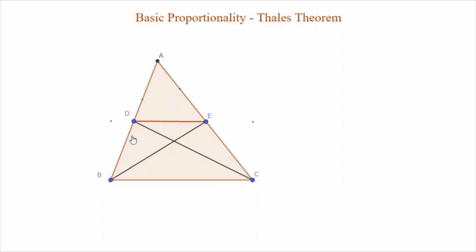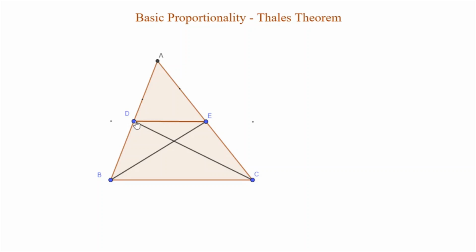So now there are two triangles that are newly formed, which are BDE and DEC. If you notice, both the triangles have a common side, which is DE.